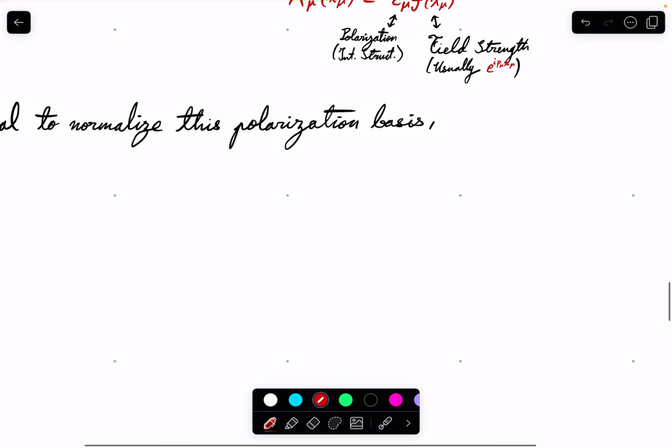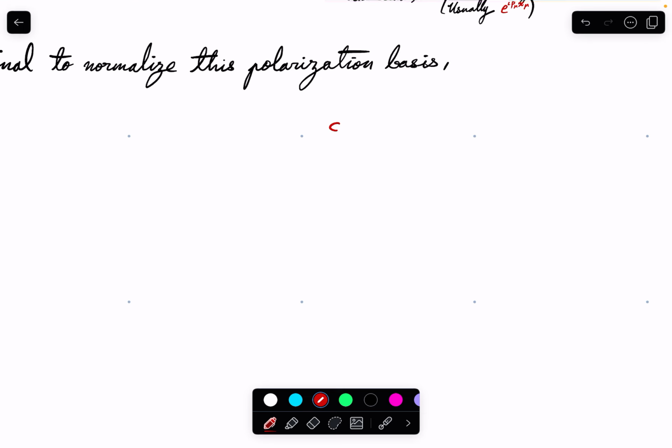Now the notation here is going to look a little bit weird, but that's okay.